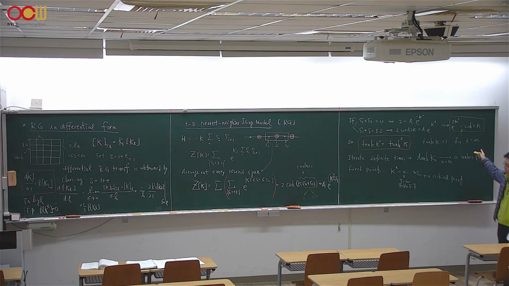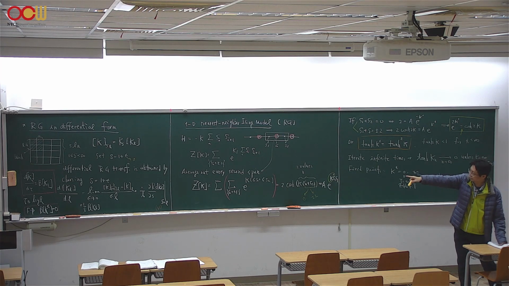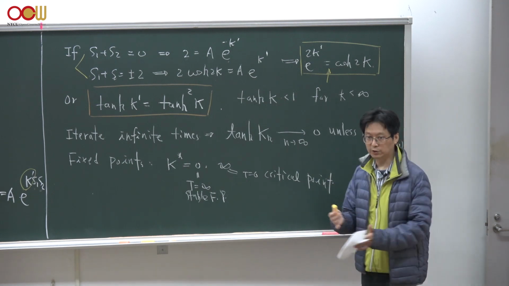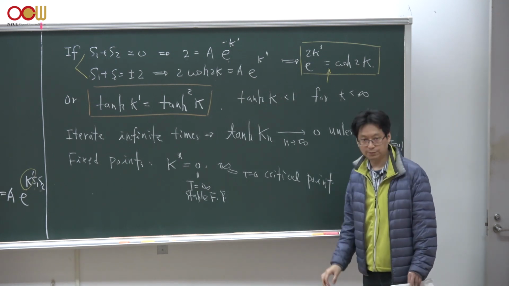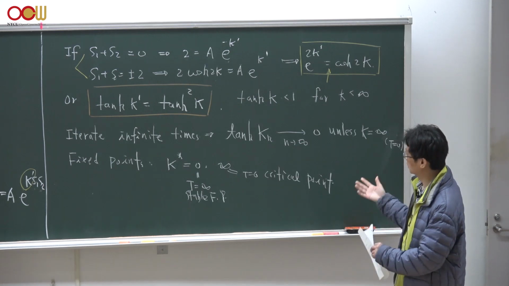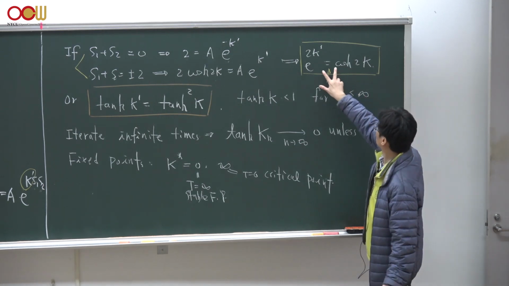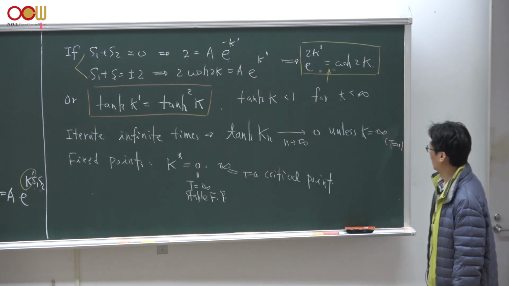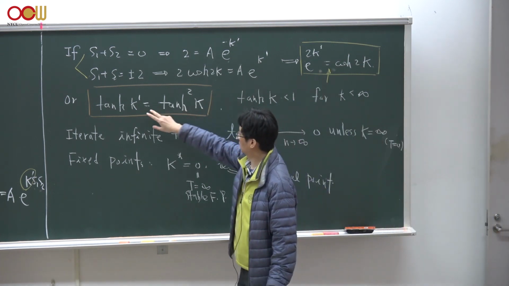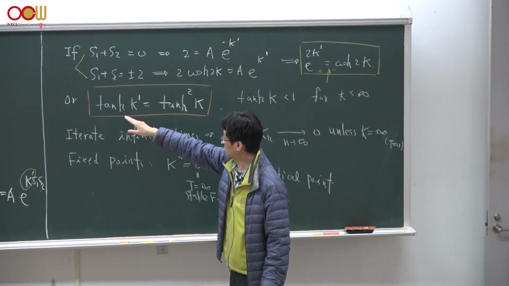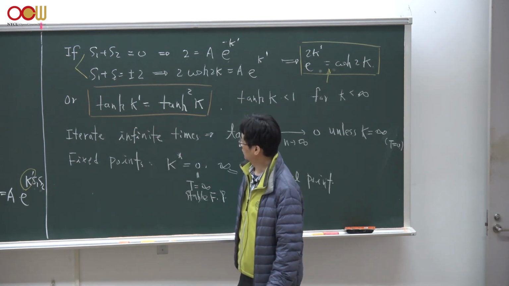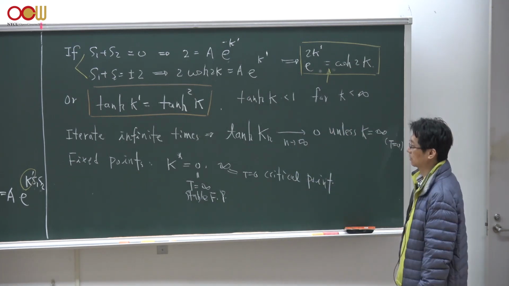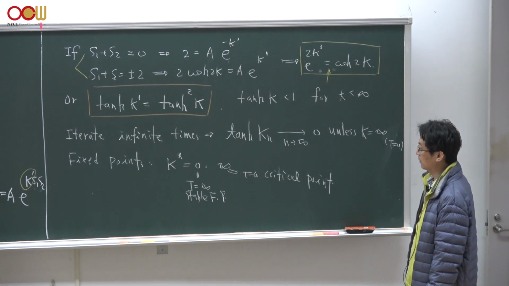Of course, this relation is not written in the differential form, but in terms of the real-space coarse-graining RG procedure, and oftentimes for such a simple model, we can get the exact relation between K prime and K. And we can use the equivalent relation, which tells us that hyperbolic tangent of K prime is actually hyperbolic tangent squared of K, when we perform such a partial trace over every second spin.